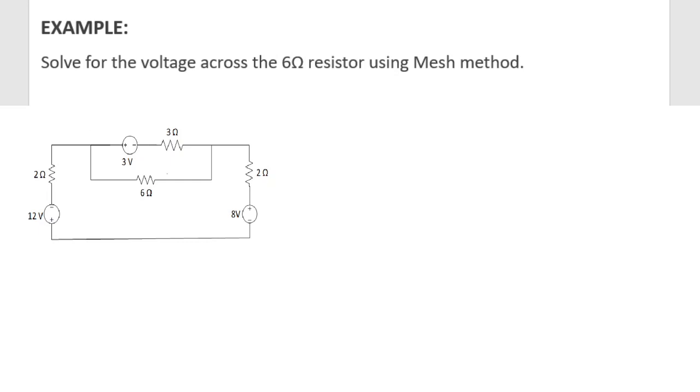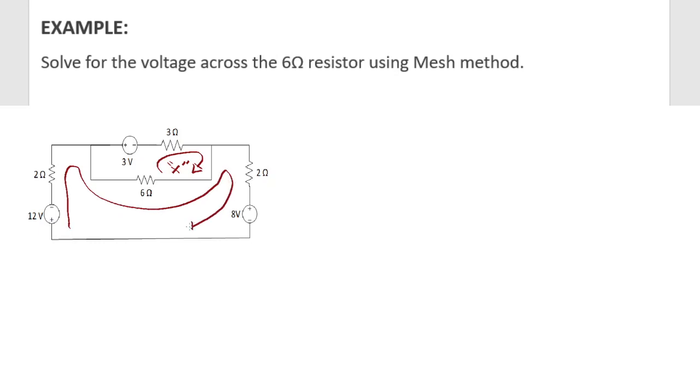But using mesh method, look for loops. Let's say we have this loop, this closed path. I will name that loop I1 with direction clockwise. And then this loop also, this one. Can you clearly see that?